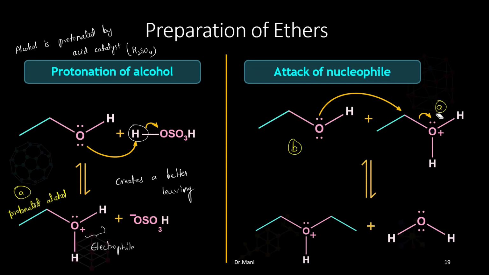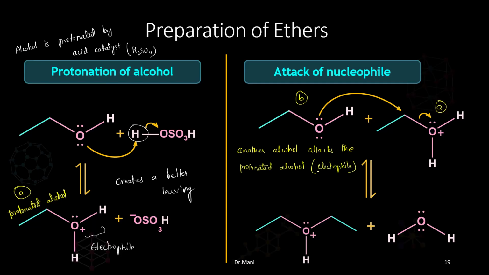And what is B here? It is nothing but the second alcohol molecule. So like this alcohol molecule, there is another alcohol molecule. That alcohol molecule is attacking this protonated alcohol. So remember, here you can say another alcohol attacks the protonated alcohol, or you can say the electrophile.